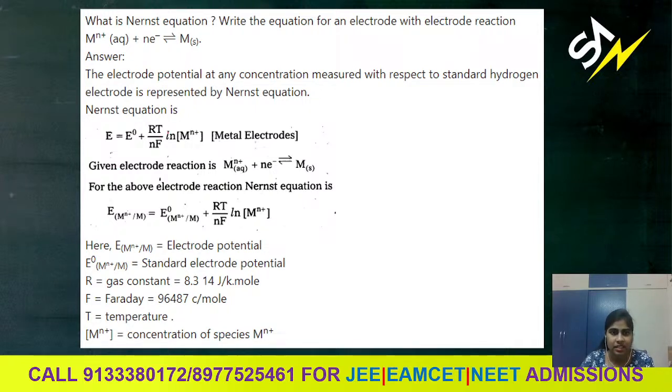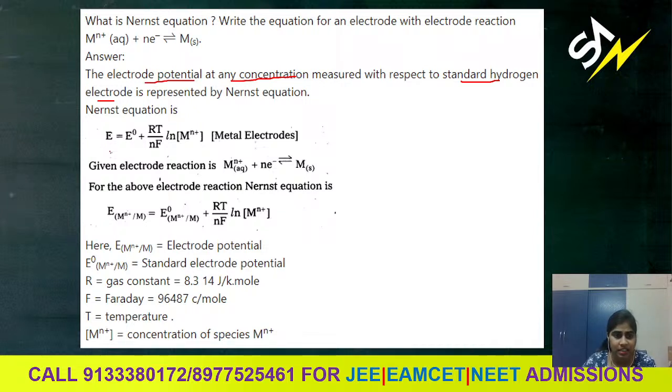For this question, first we need to explain what the Nernst equation is, and when it will be used. The electrode potential at any concentration, measured with respect to the standard hydrogen electrode, is calculated by the given equation, known as the Nernst equation.